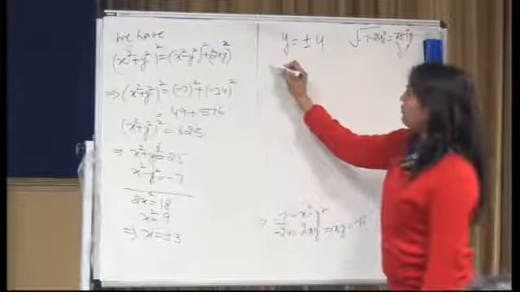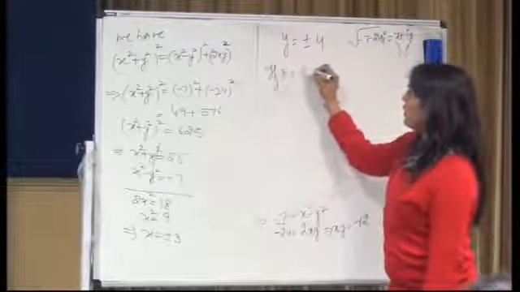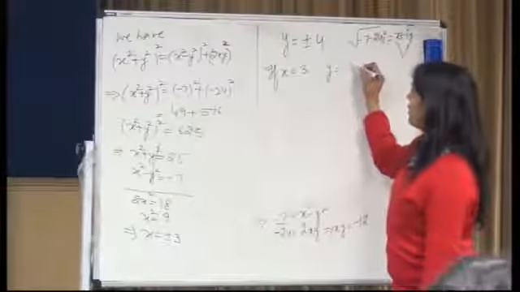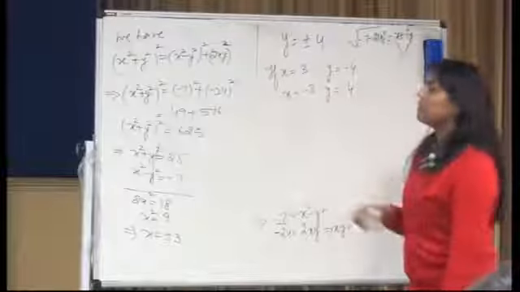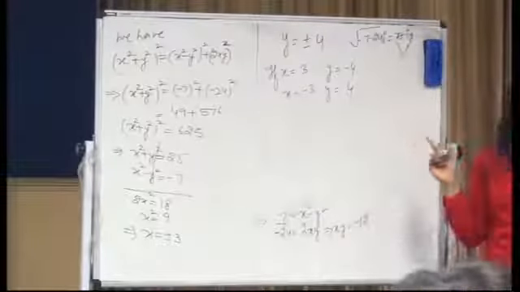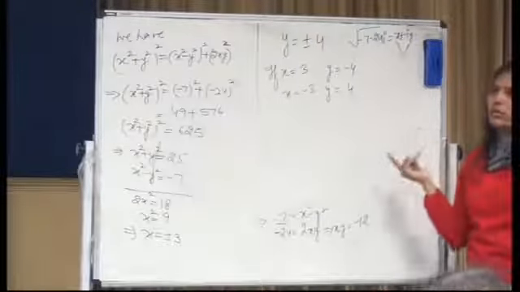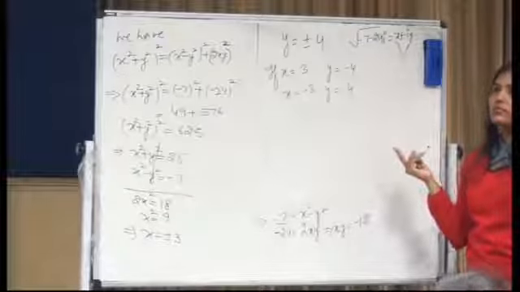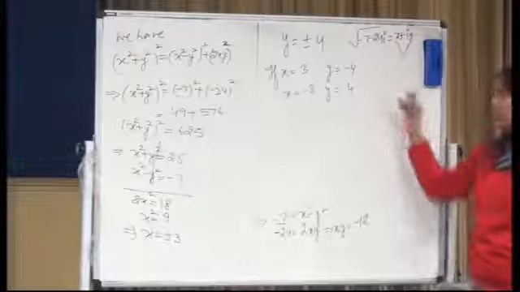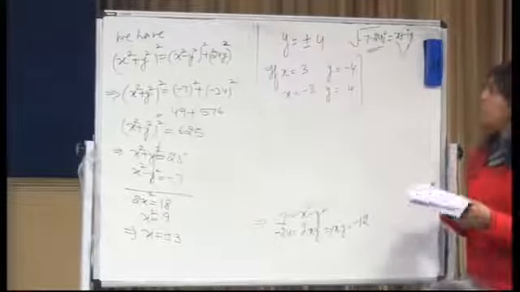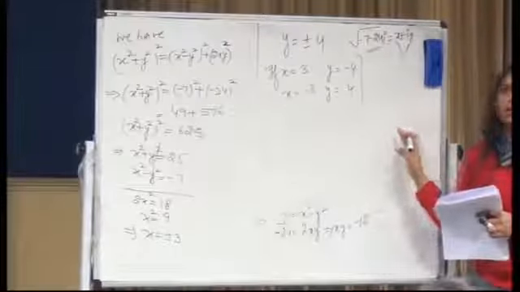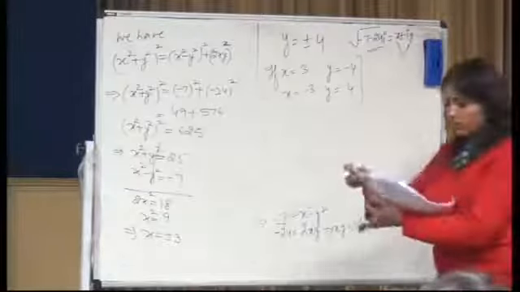So if x is 3, y will be... These are the only two options which fit our problem. Is it okay? These are the two options for our answer. So under the square root you got to know easily.